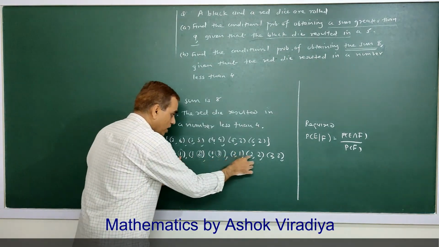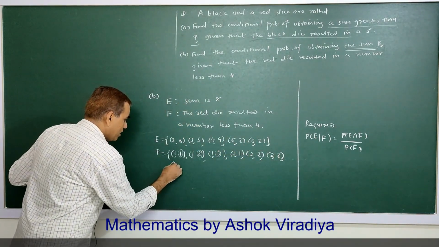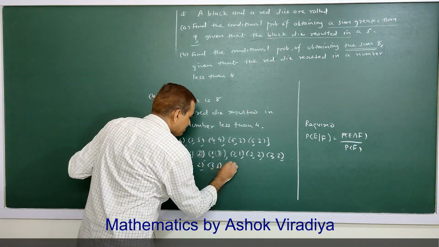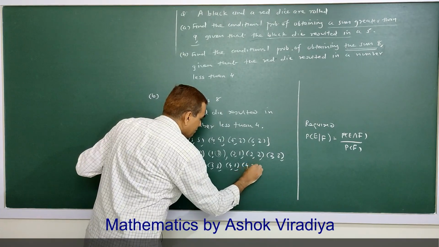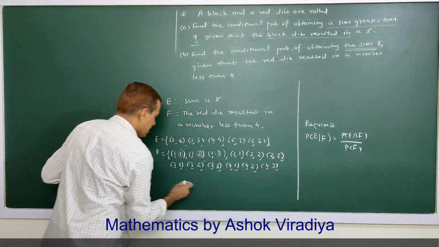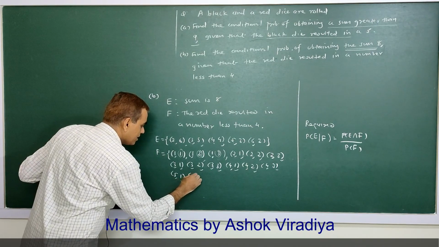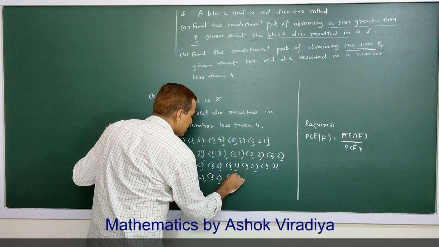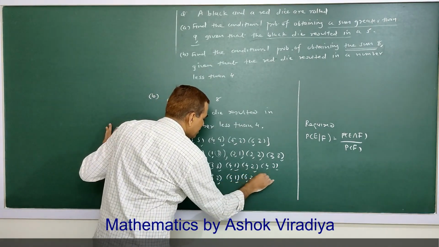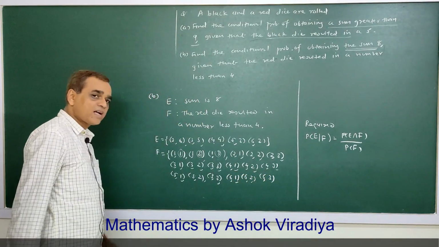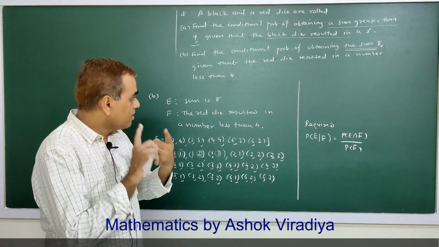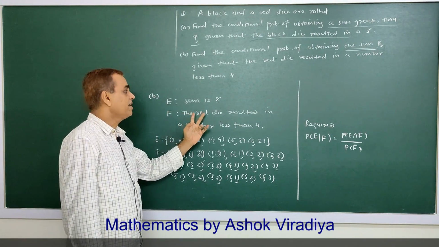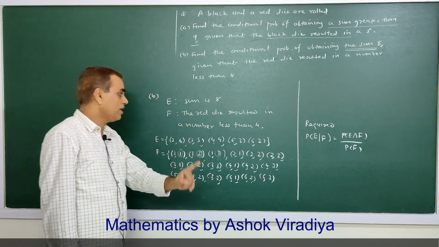So 1,1, 1,2, 1,3, then 3,1, 3,2, 3,3, 4,1, 4,2, 4,3, 5,1, 5,2, 5,3, 6,1, 6,2, 6,3. The black die result can be any number; the conditions are for the red die only, which results in a number less than 4.